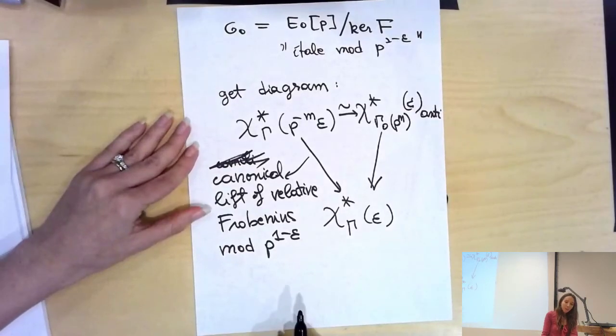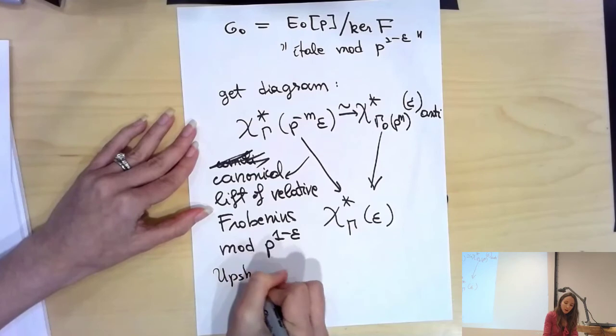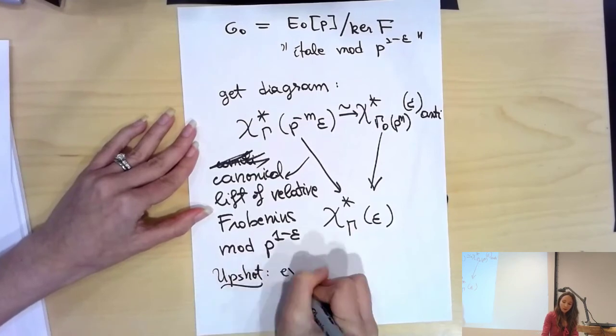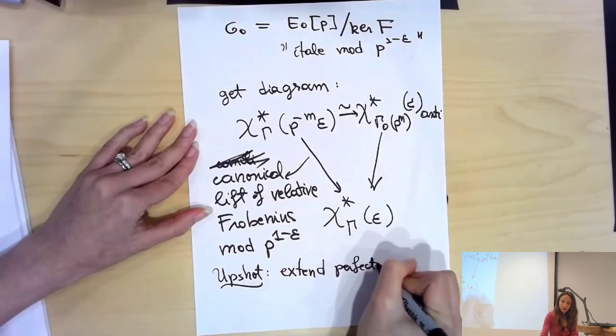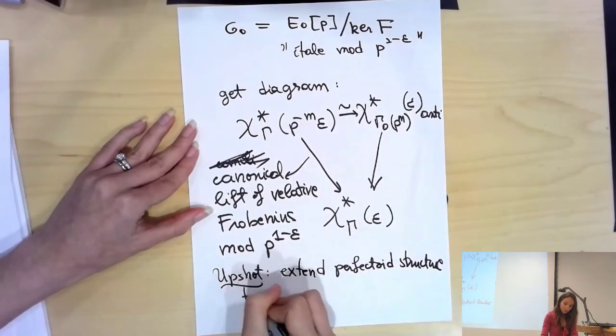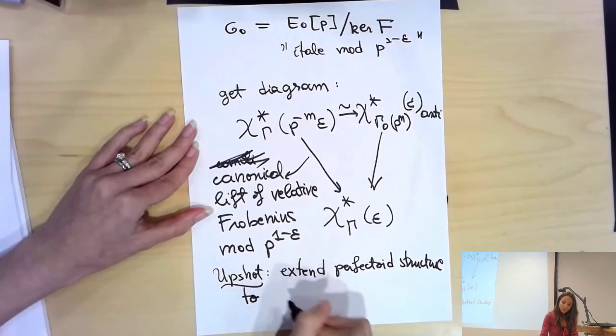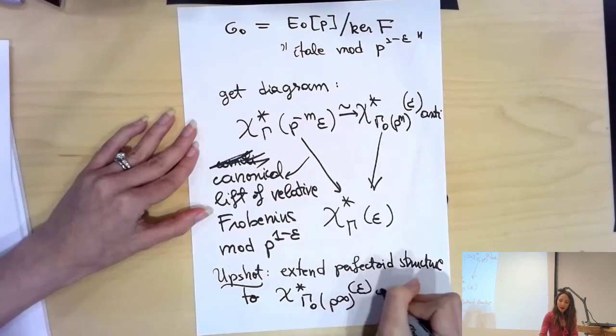Okay, and the upshot here is that you can extend your perfectoid structure to x star gamma naught p infinity epsilon and t.